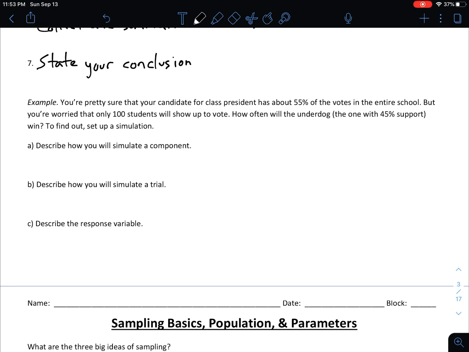A component is each student, whether or not they're going to vote for our candidate. Using a calculator, 1 through 55 is a vote for our candidate, and we'll let the numbers 56 through 100 be a vote against.